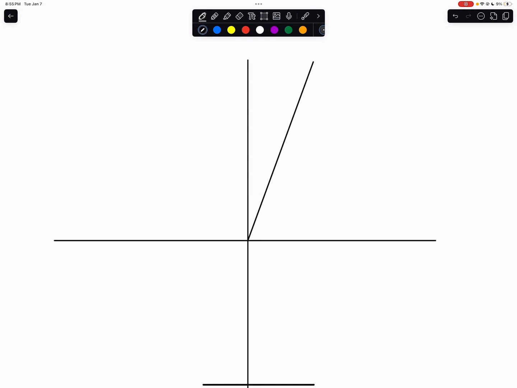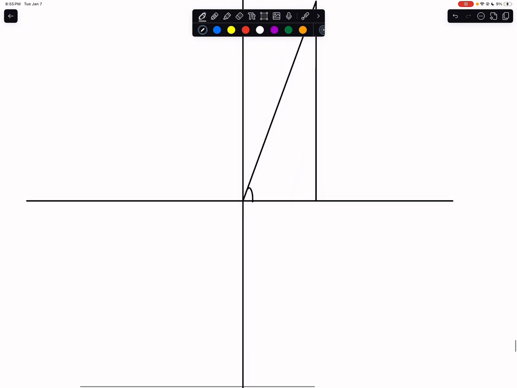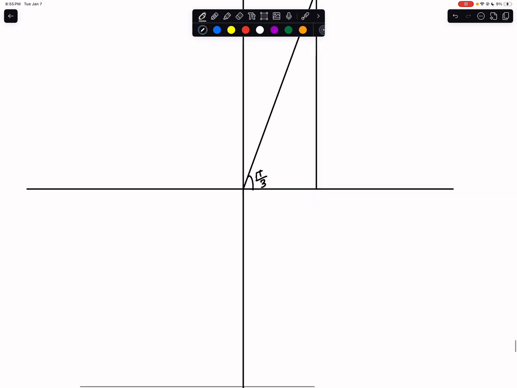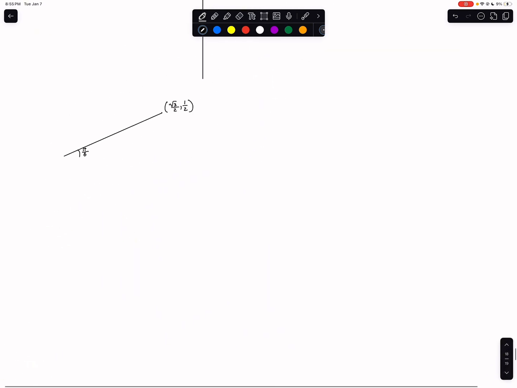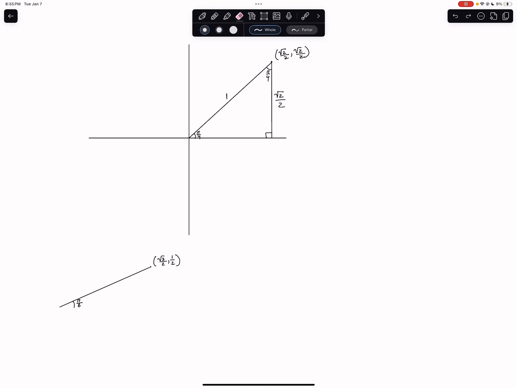And again, these triangles, keep in mind, FYI, are not drawn to scale at all. Okay, I'm just trying to illustrate that they are right triangles. So this is going to be our pi over 3 angle. Actually, oops, I need to get this guy here, because I need it for our next steps.